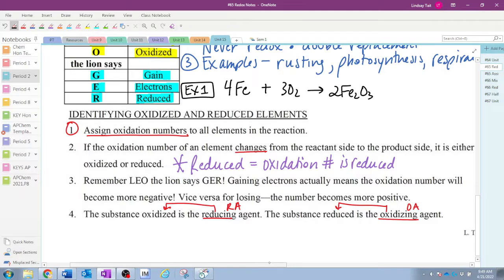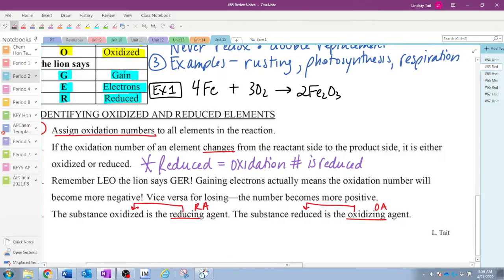So that is the equation for rusting. And we are going to identify what has been oxidized, what has been reduced, my oxidizing agent, and my reducing agent. Spoiler alert, we only have 2 answers for all 4 questions.